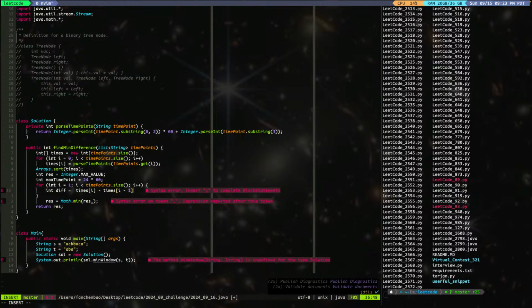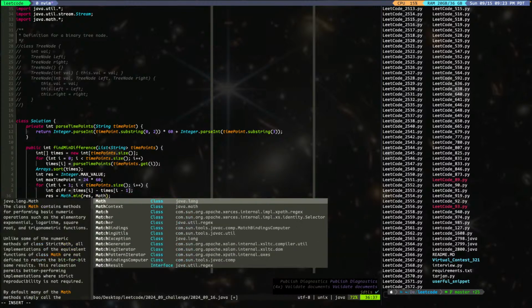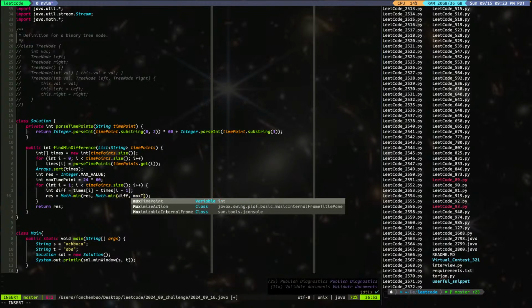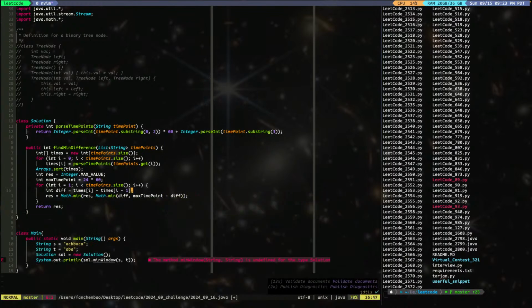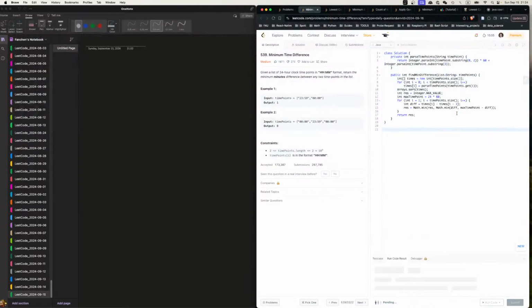So that's the difference. And what we need to do here is either the minimum diff, or max time point minus diff. So the smaller of the two. So that shall solve the wraparound problem.